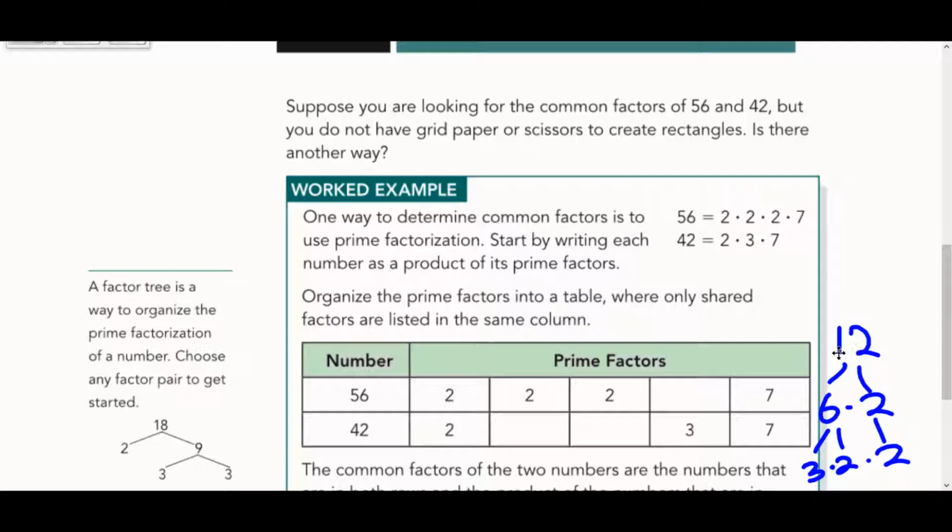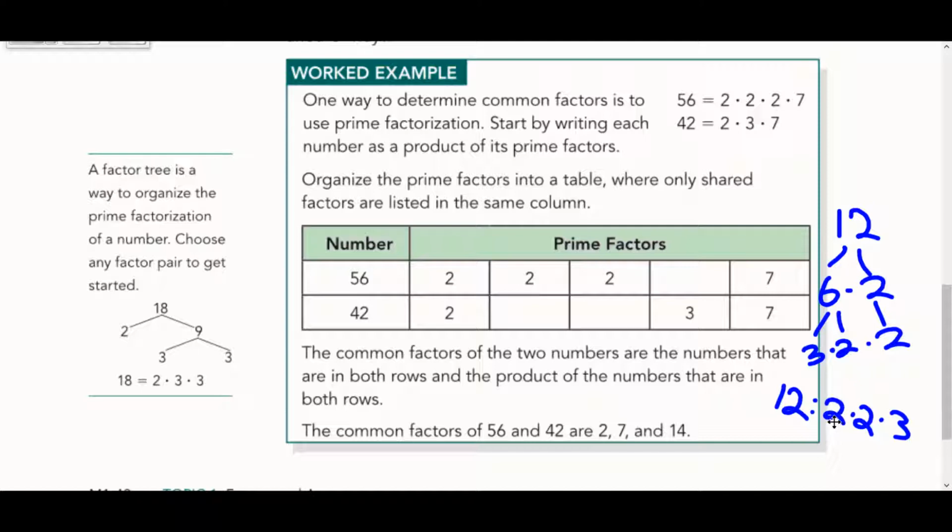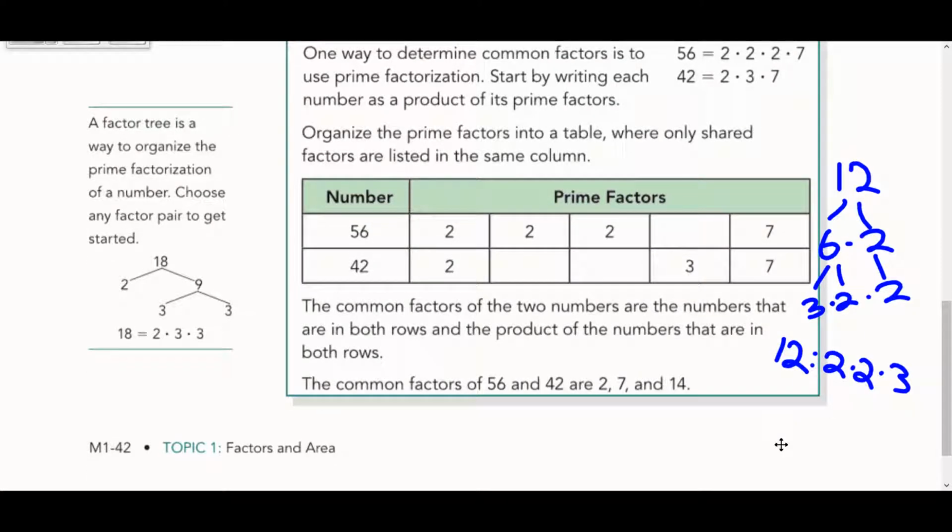For example, 12, I can split into 6 times 2, and then 6 I can split into 3 times 2. I like bringing down this 2, because then at the end you have your prime factorization. Just usually put it in order from least to greatest: 2 times 2 times 3. And that's our prime factorization.